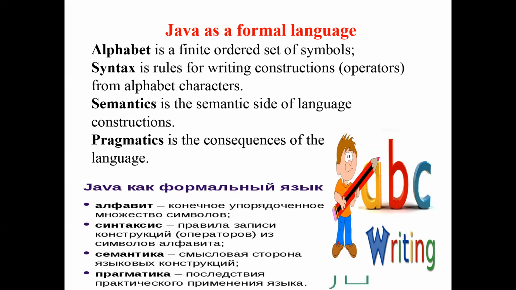Syntax is the rules for writing constructions or operators from alphabet characters. Next definition, semantics. Semantics is the semantic side of language constructions. And pragmatics is the consequences of the language.